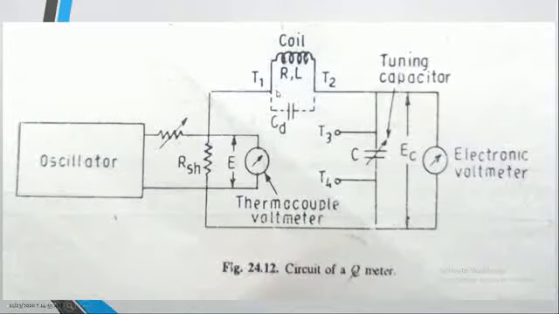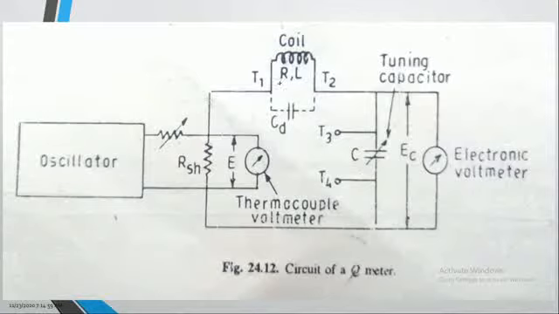Between the terminals T1 and T2 we place the components which need to be tested. We also have a tuning capacitor to calibrate this circuit in order to get the appropriate result, which is placed between the T3 and T4 terminals.